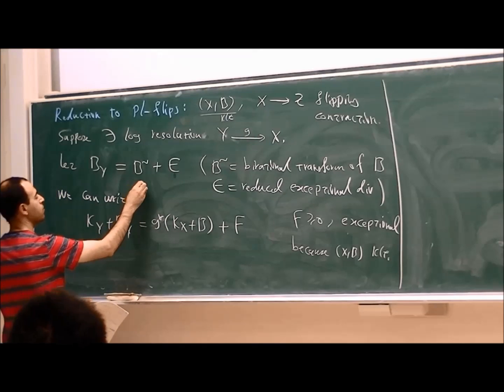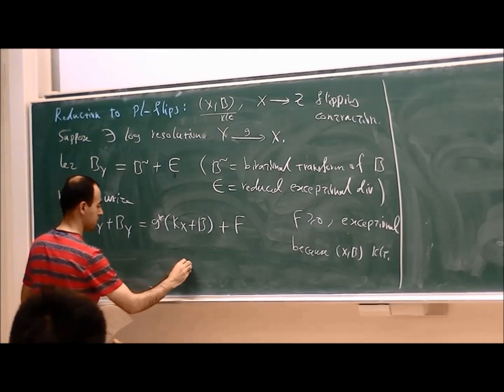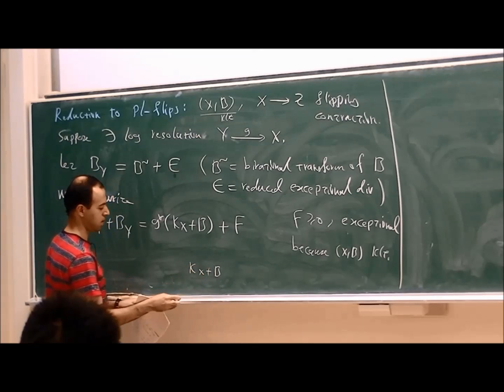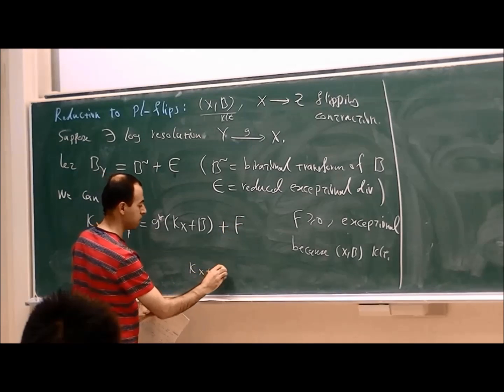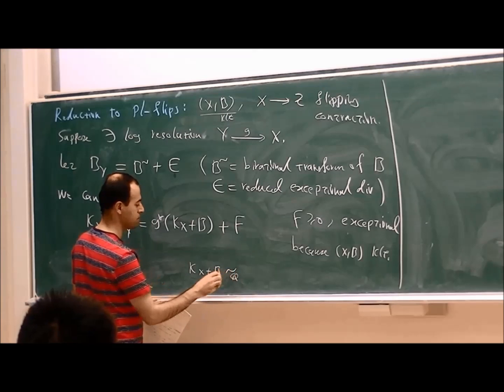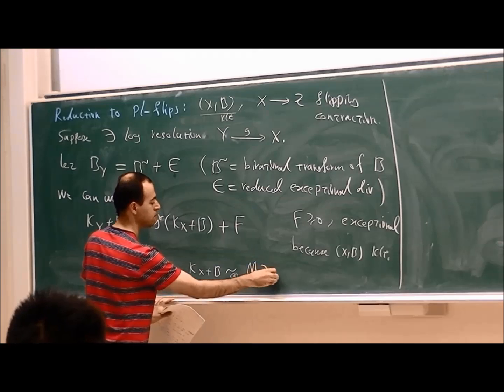It becomes a bit more technical. What I will try to do is this: K_X plus B downstairs, because you are in a birational situation, is essentially a big divisor, so at least up to Q-linear equivalence, you can write it as something effective.